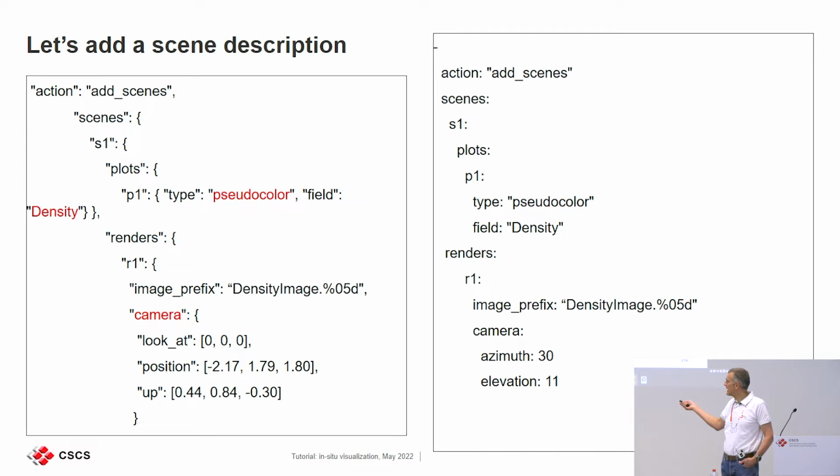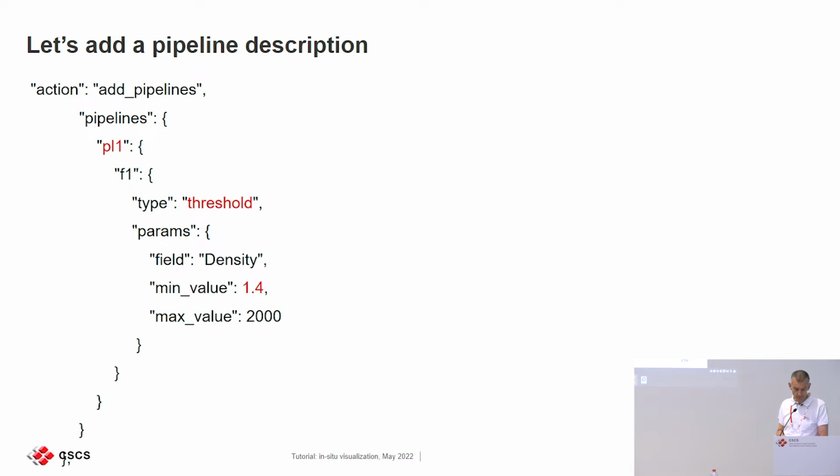You can define your camera by telling where the camera looks at and where the camera is positioned, or you can use the more intuitive azimuth, elevation, roll, pitch, those things which move the camera along the hemisphere around your scene. Those are different ways of specifying your camera position.